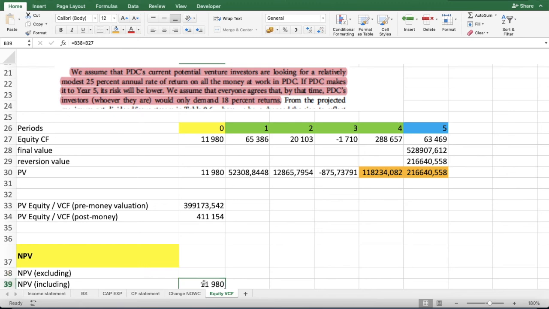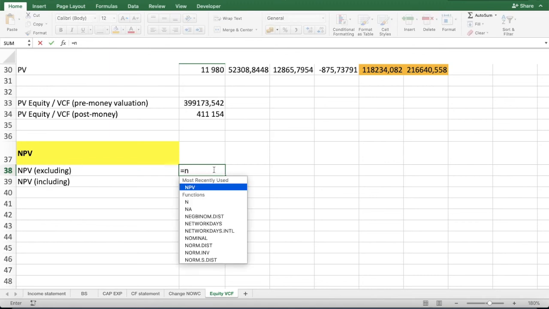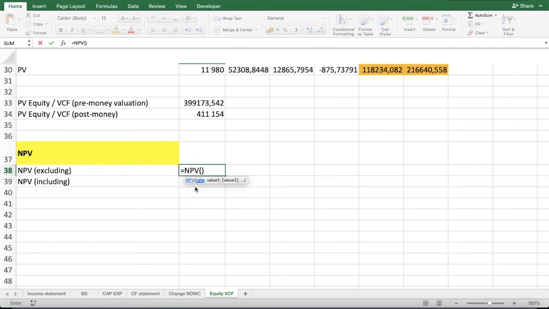Now the second technique is the net present value. So this is a built-in formula in Excel. So all you have to do is just to click on equal NPV and see, automatically Excel will give you a suggestion for the wanted formula. So all you have to do is just to click on it and see here. So these are the required data for the NPV formula.